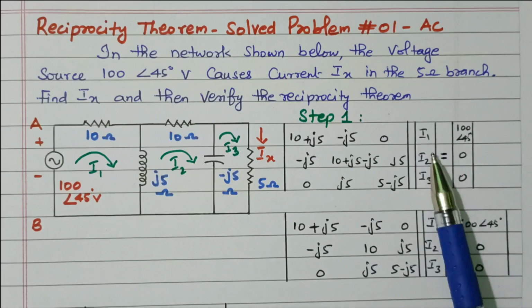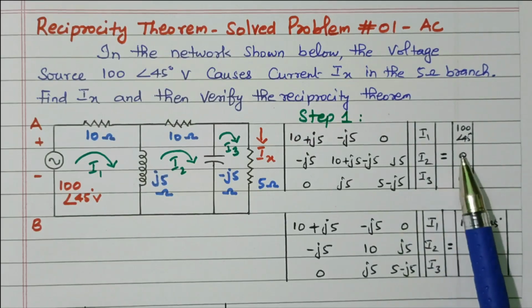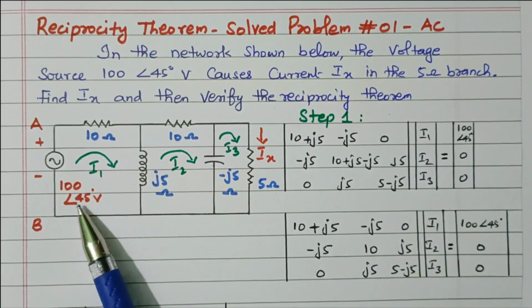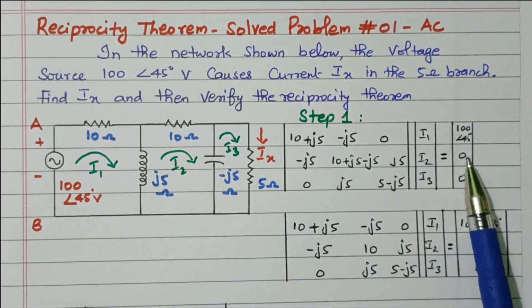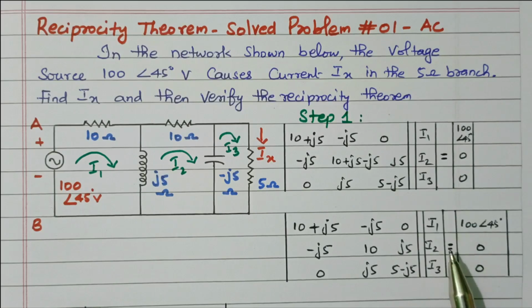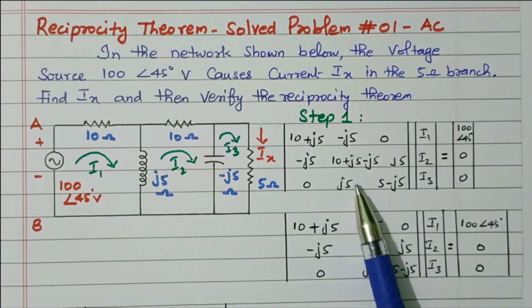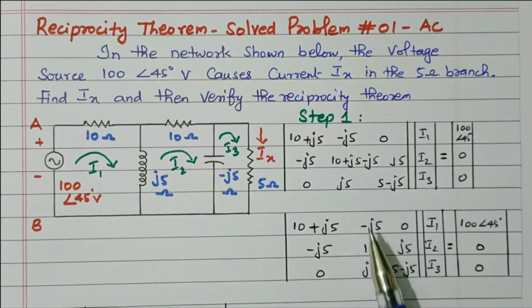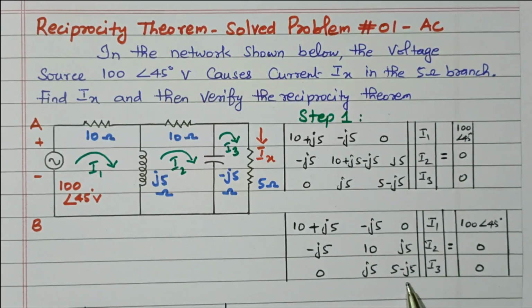Then the currents are I1, I2, I3. The voltage is 100 volts at 45 degrees in loop 1; in loop 2 and loop 3 the voltage source is not available, so 0. After simplification we got 10 plus j5, minus j5, 0; then minus j5 and plus j5 cancel, giving 10, j5; then 0, j5, 5 minus j5. So this is the resistance matrix.